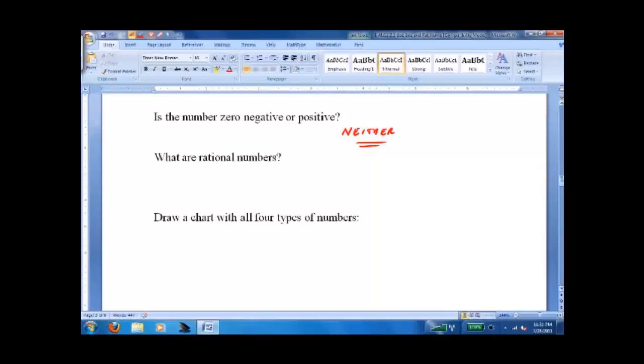So what are rational numbers? Well, again, we look into the word. We have the word ratio, which means fraction. So generally speaking, they are decimals or fractions, where the decimals can be represented as fractions.